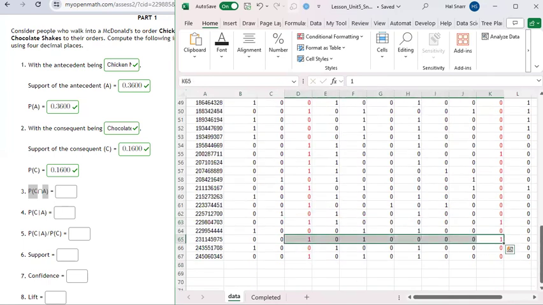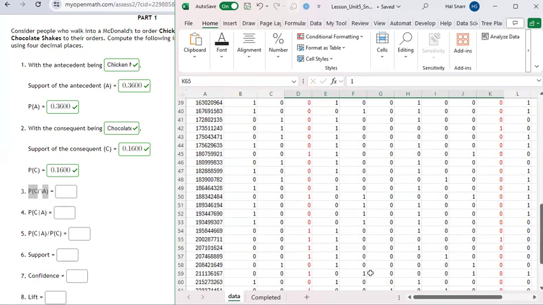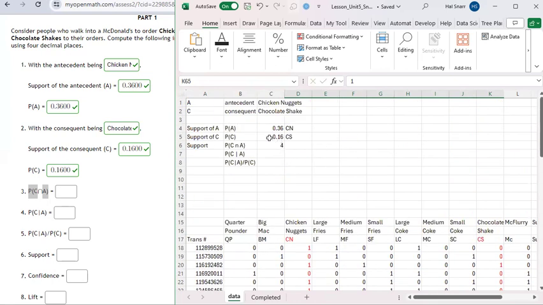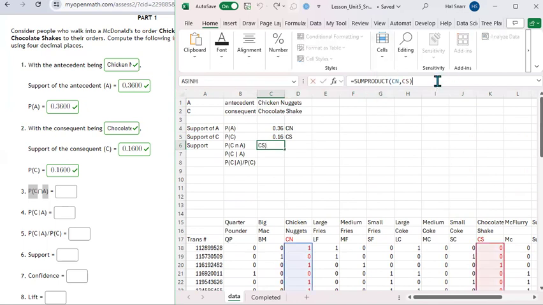So 4 times out of 50 do people buy both chicken nuggets and a chocolate shake. Now, this is the frequency, right? So we have to divide this by the sample size, the count of TN. And we get a support of 0.08. The probability of C and A.